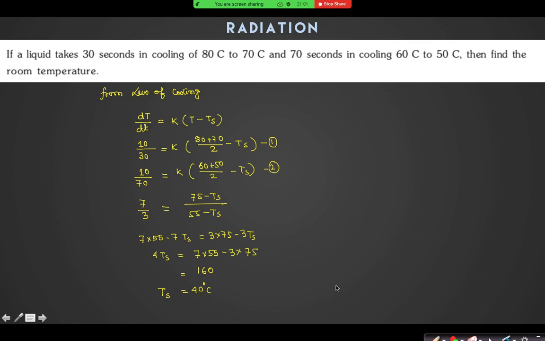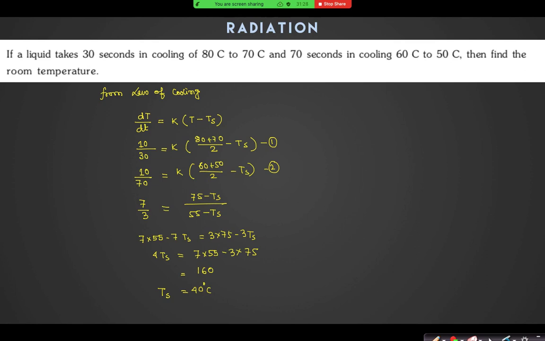Sir, will there be any situation where we have to integrate and find the time? Yes, you may have to integrate, but it depends on your options. If you find the options are simple numbers like this, go for the average. And if nothing is mentioned, also go for the average, as the temperature difference is not that much.